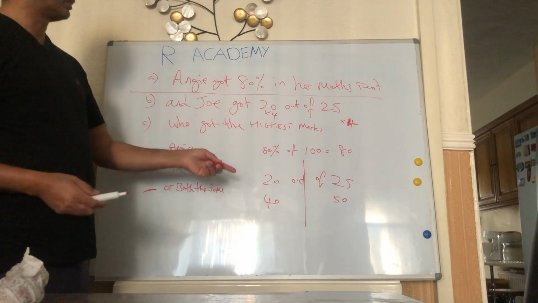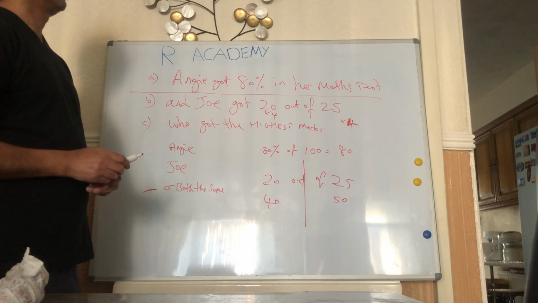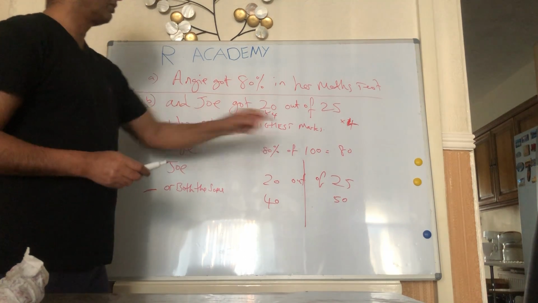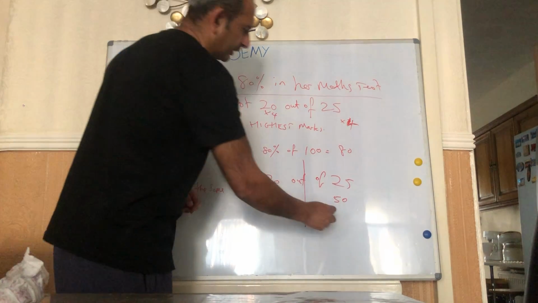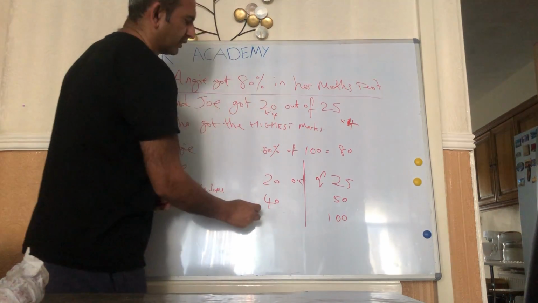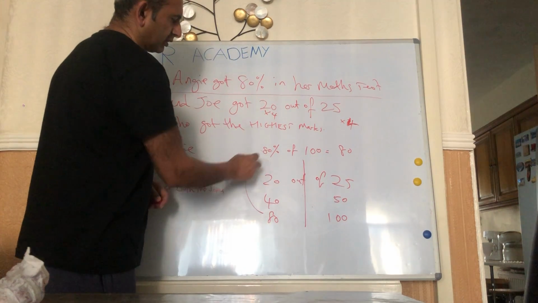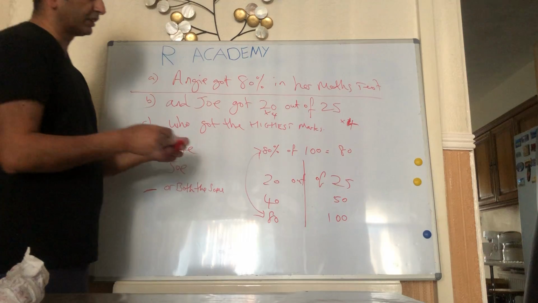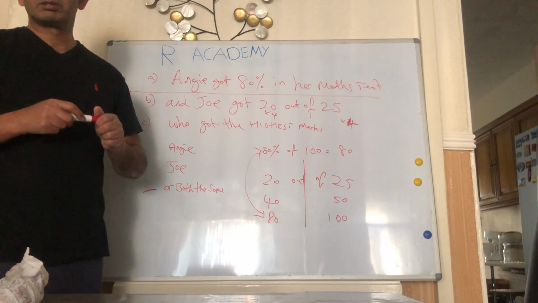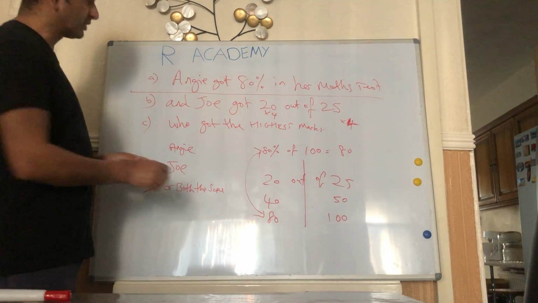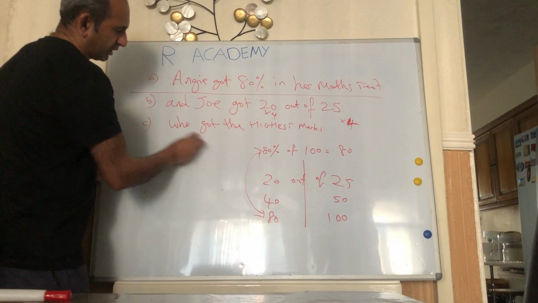Okay, so now it's 40 out of 50 marks. But this one's out of 100, so we'll say, okay, let's double this one again, so that's 100. Now we double this one as well, it becomes 80. Do you see how many ways that you can work this out? It's really quite easy. So coming up to the last question now.